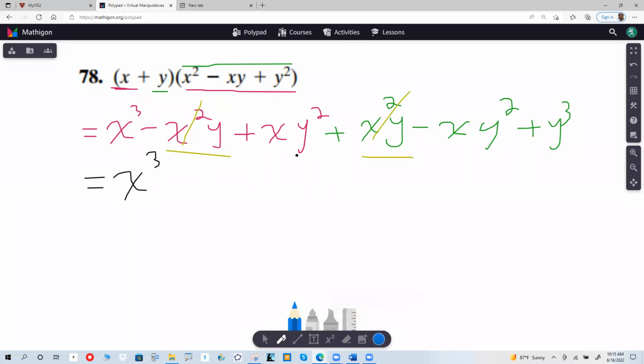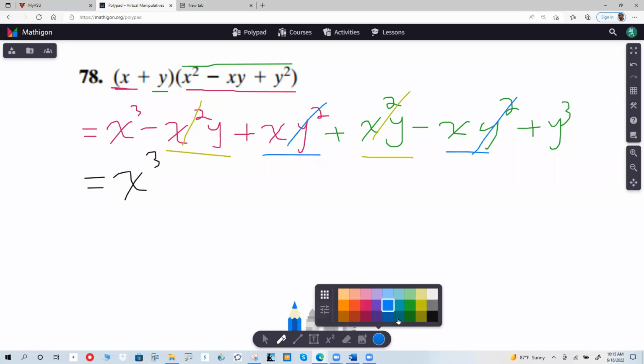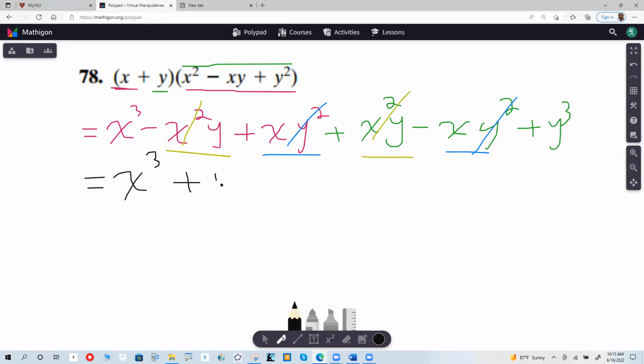And this guy and this guy, they also cancel. Same quantity, opposite signs. Hence, our answer is this. Nice and clean. And you have to do it to figure it out. This is all what it boils down to.